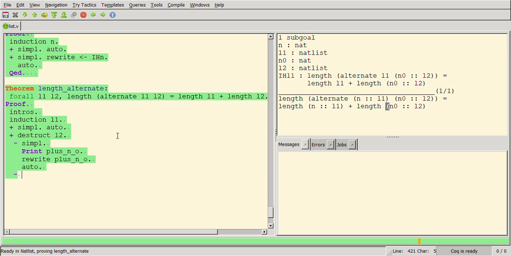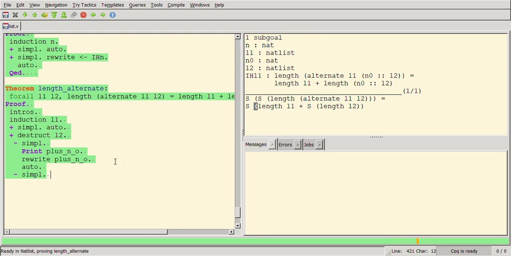Let me simplify it. It simplifies to this subgoal, and here we can also use simplify in all to see if anything happens in the hypothesis.